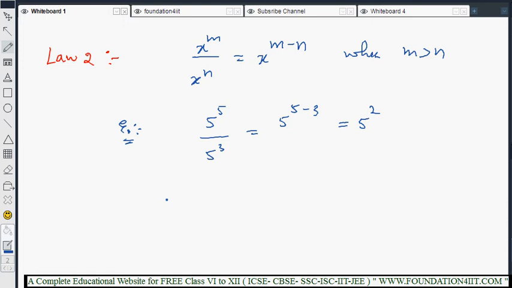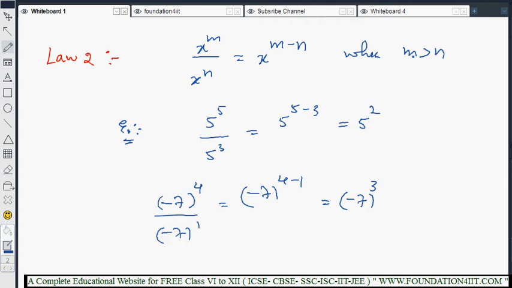Even if you take negatives, (-7) whole to the power 4 by (-7) whole to the power 1. That means there is no power, so we can take it as 1. So (-7) whole to the power 4 minus 1, (-7) whole to the power 3. I said the condition is m is greater than n, right? In case it is not greater, the power will come negative, and again we need to take the reciprocal.